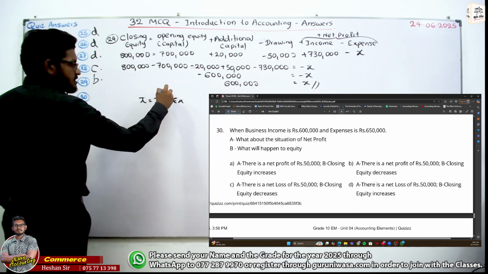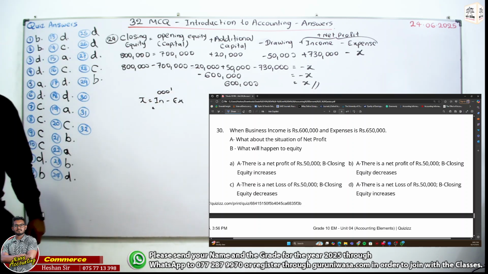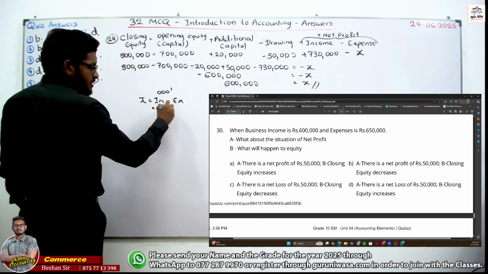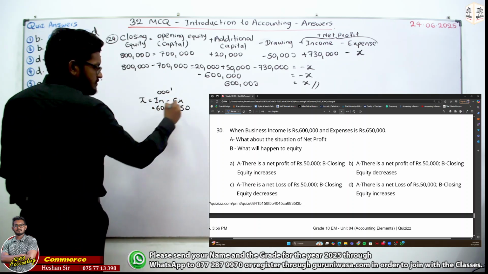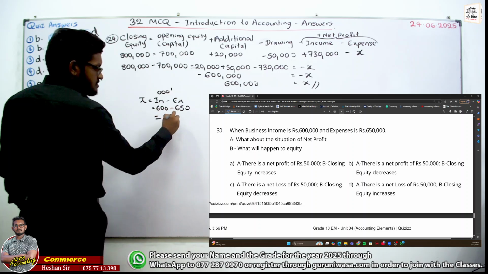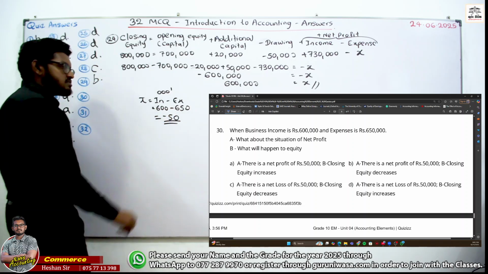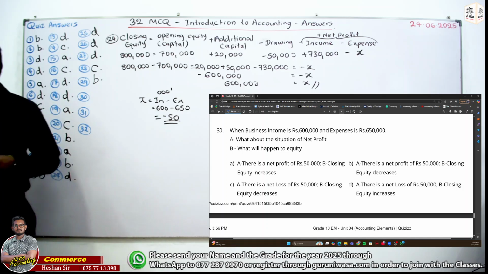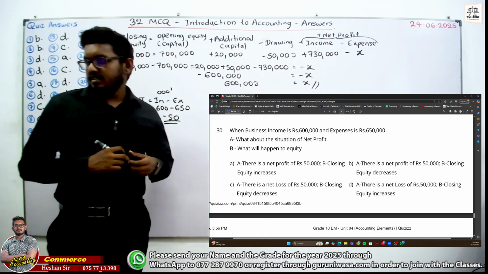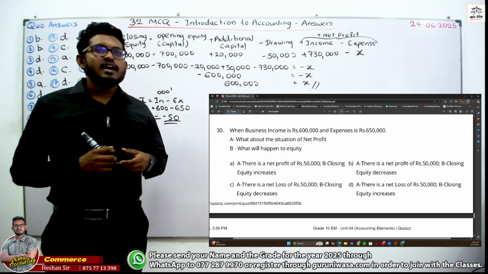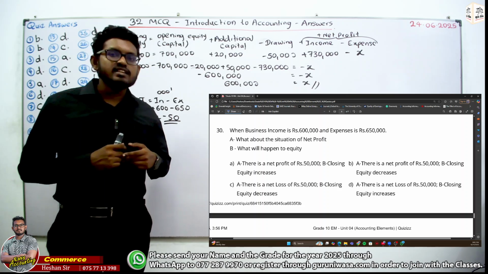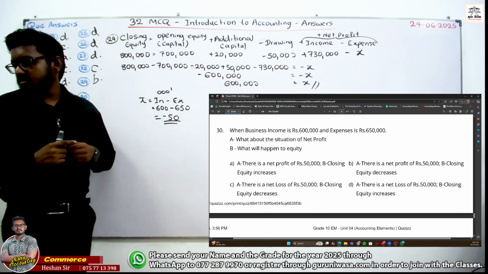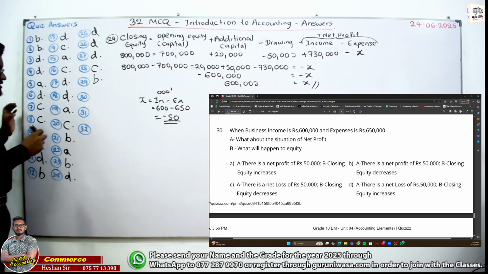I'll use thousands. Income 600, expense 650, which means there's a net loss, 1,000 minus 50. There's a net loss of 50. What will happen to equity? When there is a net loss, equity decreases. Can you remember, guys? So the answer is C.